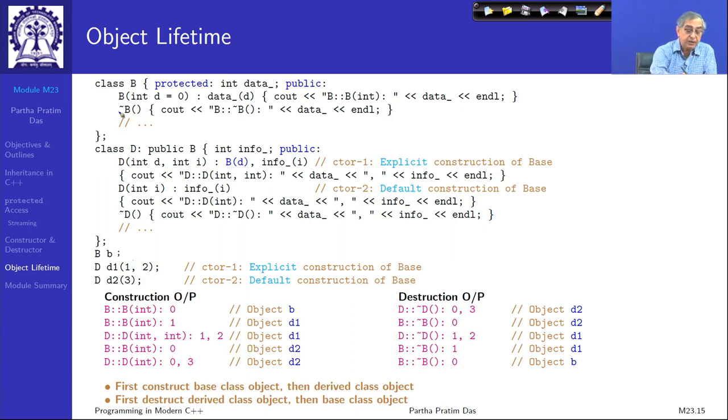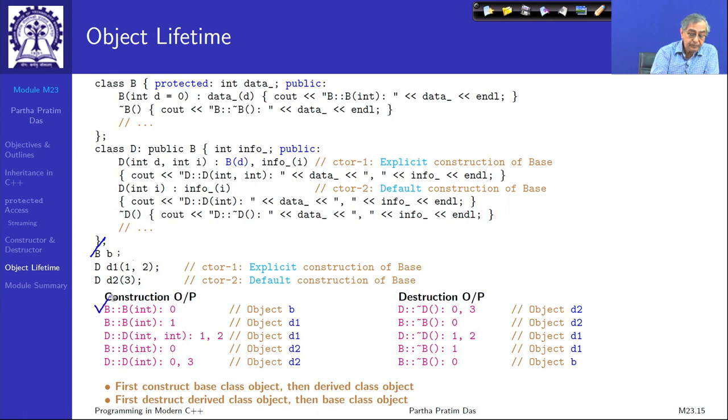So, you have a base class with this pair of default and non-default constructors, and two constructors for the derived class and these instances. So, what will happen? What you see in magenta is a trace of the output that you are getting. First, this has to be constructed.